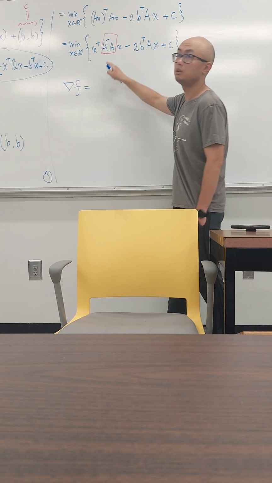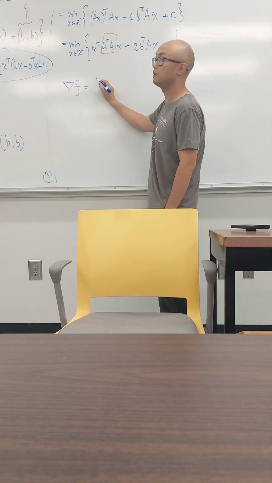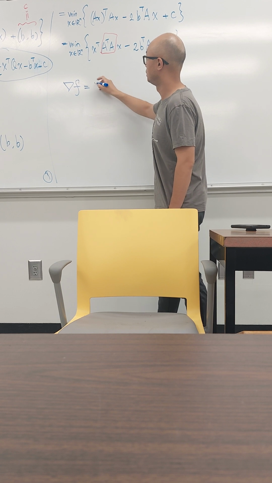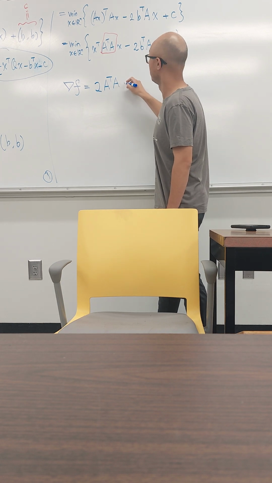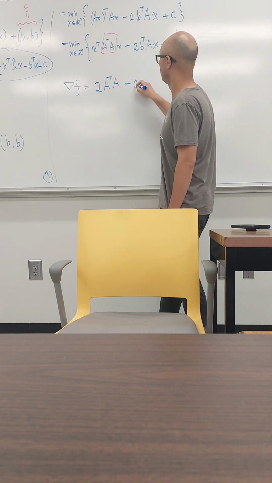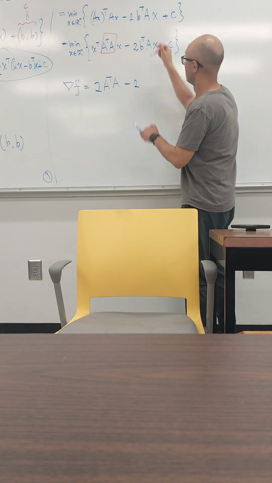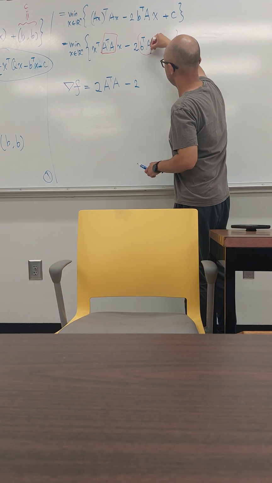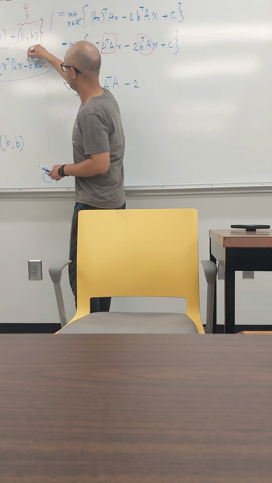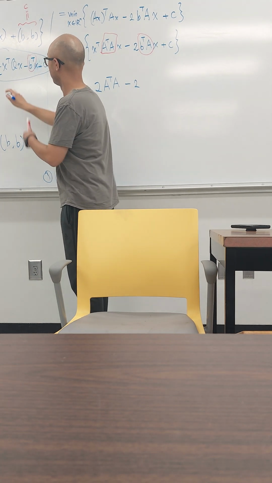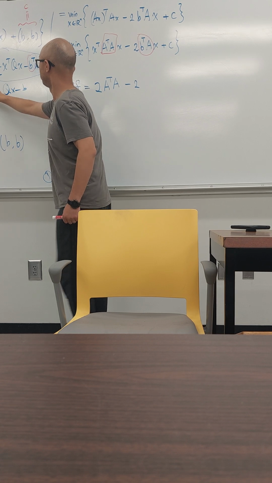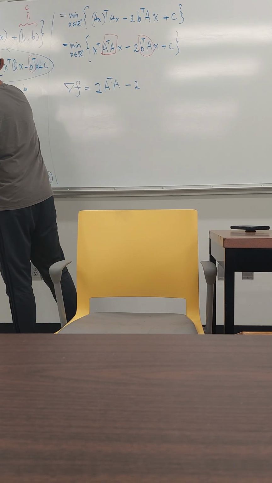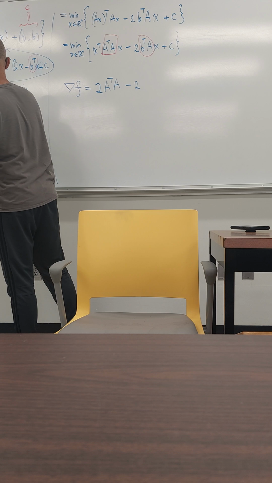So we do the same thing for this. If we take the derivative, we get 2 A transpose A X, subtract 2 B transpose. So gradient, let's say this is our G.